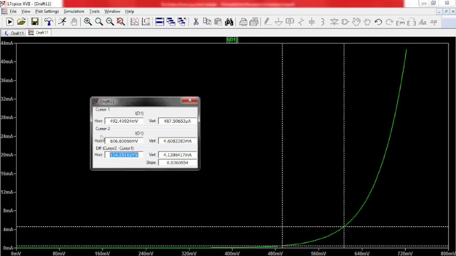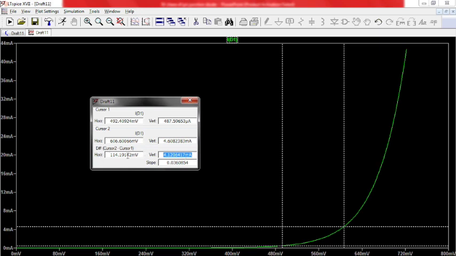This part shows the difference between the horizontal values of cursor 1 and cursor 2. Similarly, this part shows the difference between the vertical values. So this is the change in horizontal value, and this is the change in vertical value.